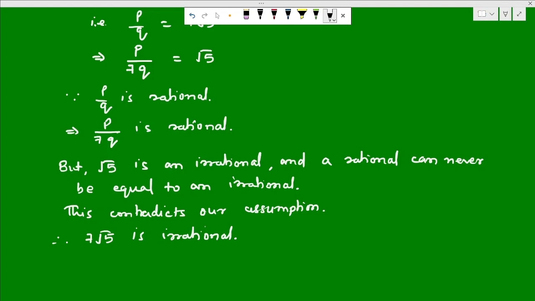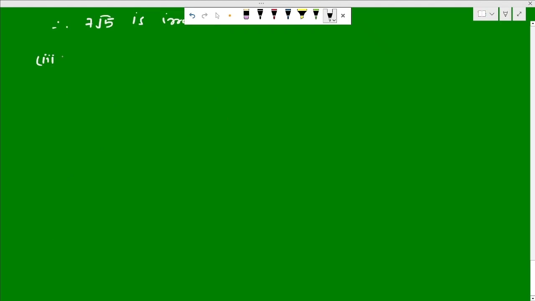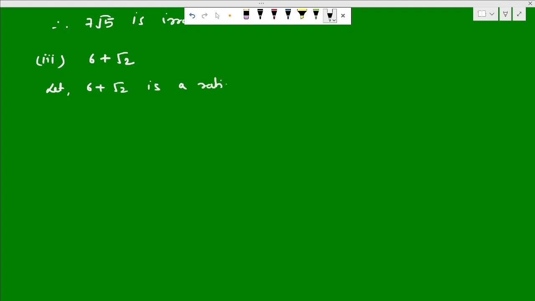It's very simple. Now let's see the third one. In the third, we have 6 plus root 2. Again we'll be following the same contradiction method. Let 6 plus root 2 be a rational number of the form P upon Q. That means we can write P upon Q equals 6 plus root 2.